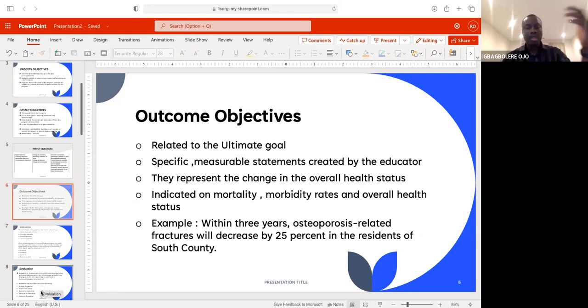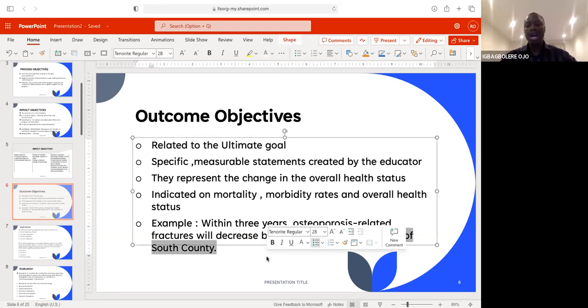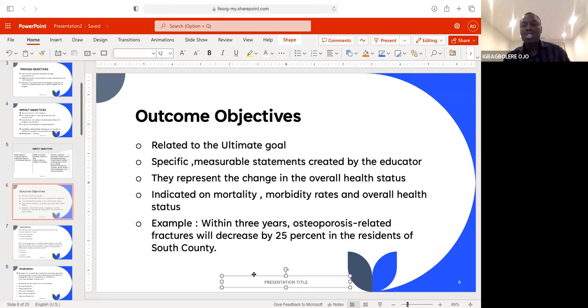You can see an example. Within 3 years, osteoporosis related fractures will decrease by 25%. Osteoporosis is a disease, all right? It's a disease. It is overall for the residents of the whole county, all right? So it talks about an improvement in their health status, an improvement in the disease rate, which eventually, if not controlled, can lead to morbidity.